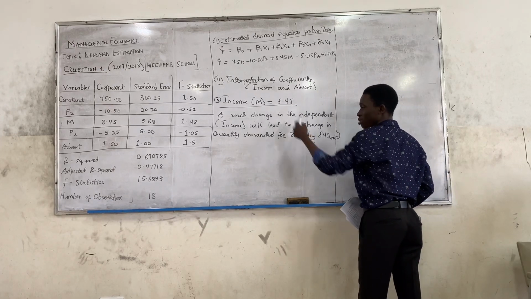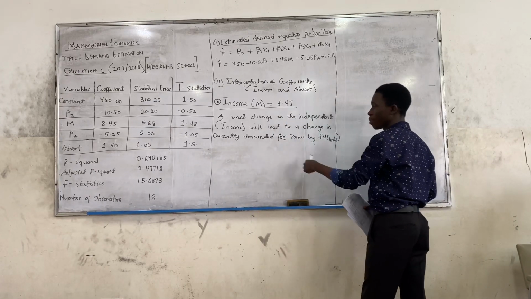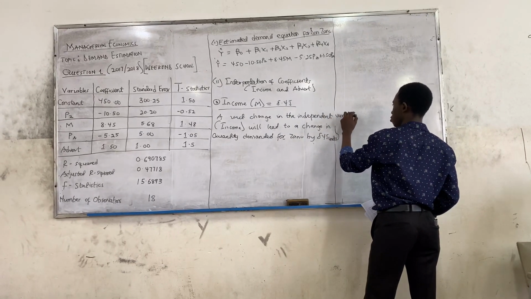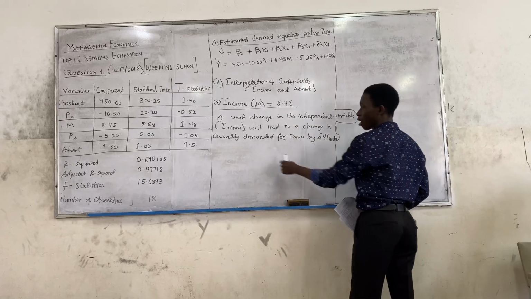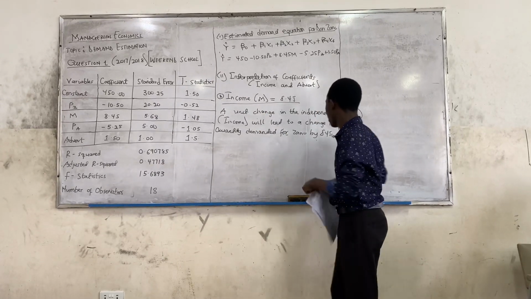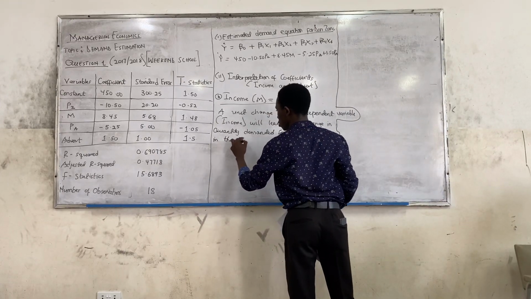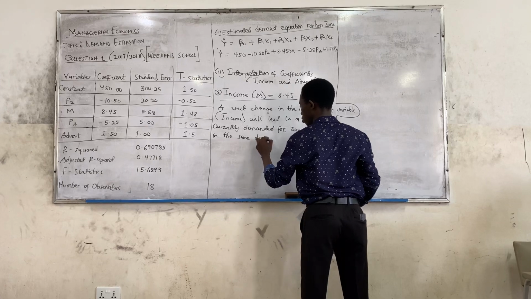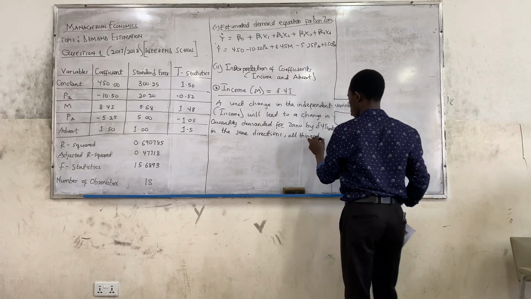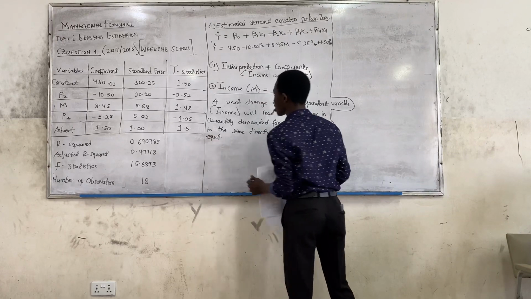But remember, when it's positive, it's in the same direction. If it's negative, in the opposite direction. It's positive, so in the same direction, all things being equal. This is how we interpret the income.